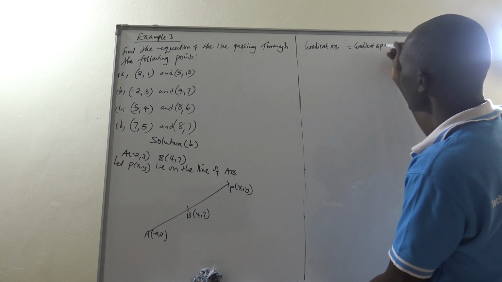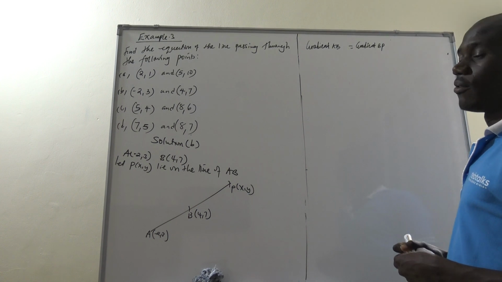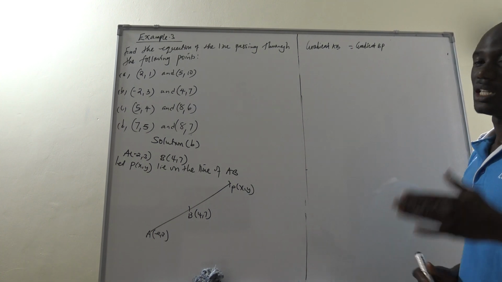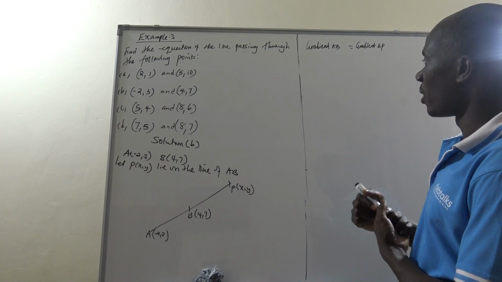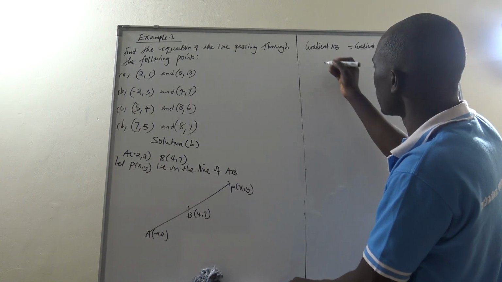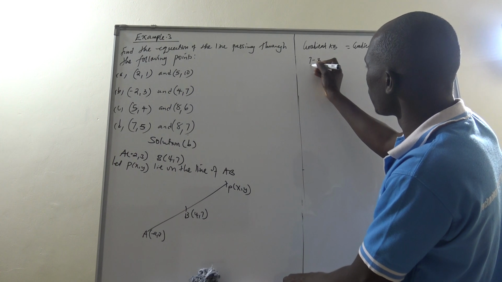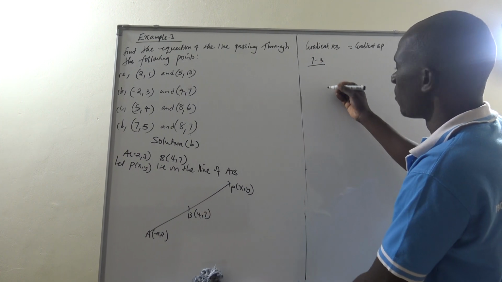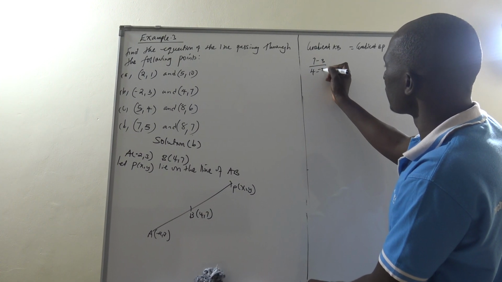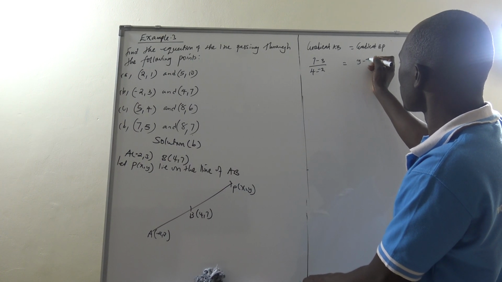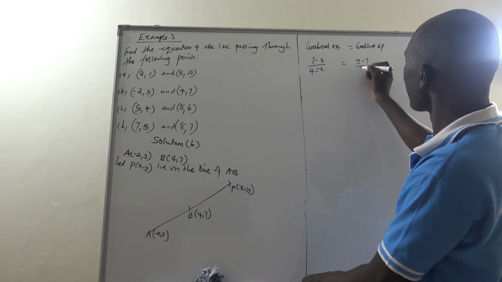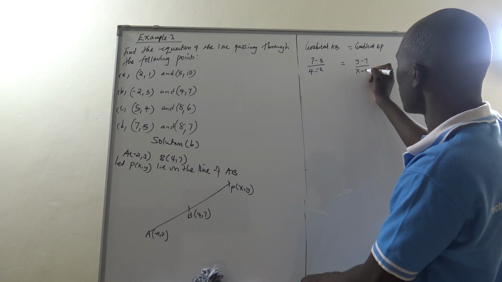Now we normally use the formula of gradient as change in y over change in x. Dealing with AB, this is 7 minus 3, that is change in y, over 4 minus negative 2, which is equal to y minus 7 over x minus 4.